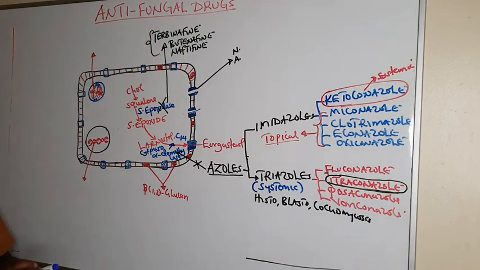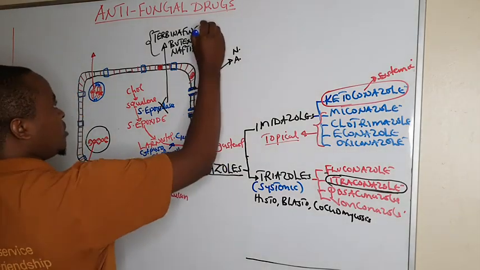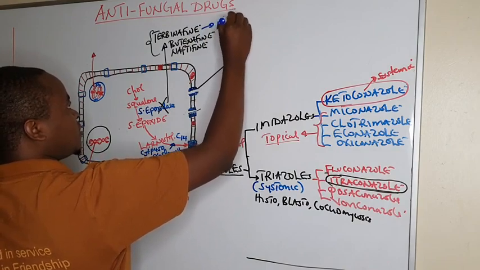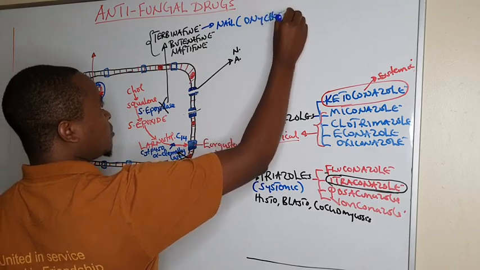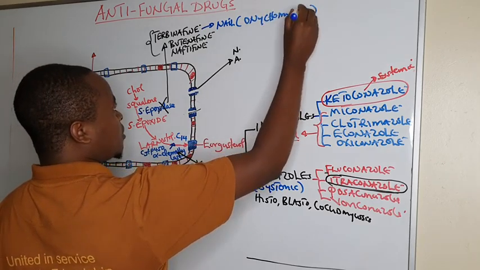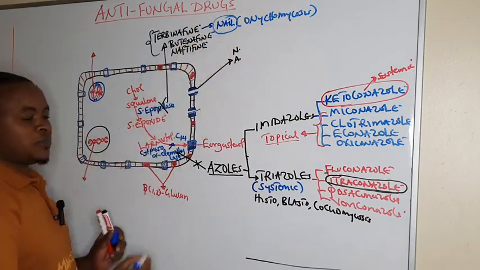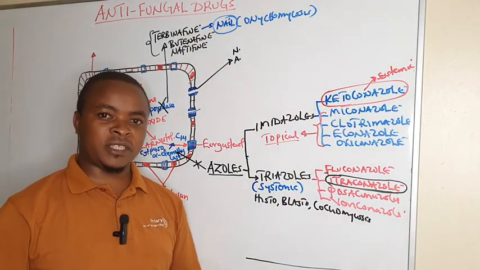And terbinafine is most commonly used to treat fungal nail infections known as onychomycosis. The dermatophytes that target the nails, they can be the nails of the hand or of the feet.